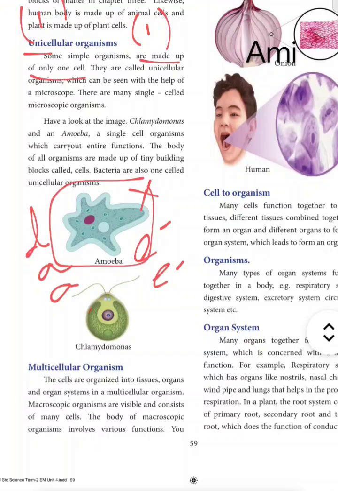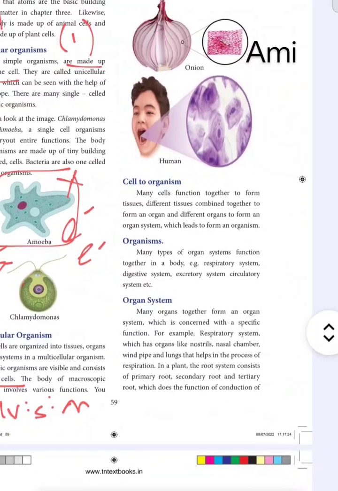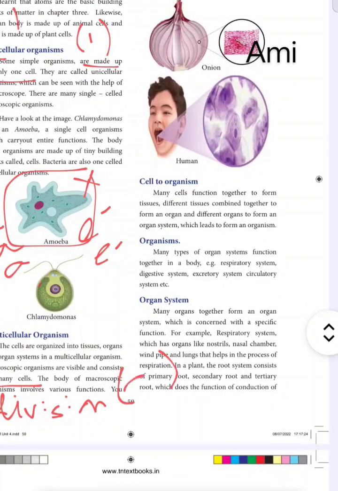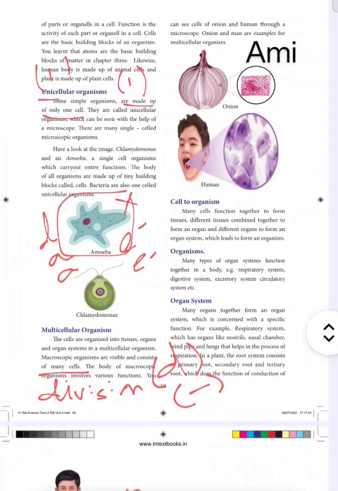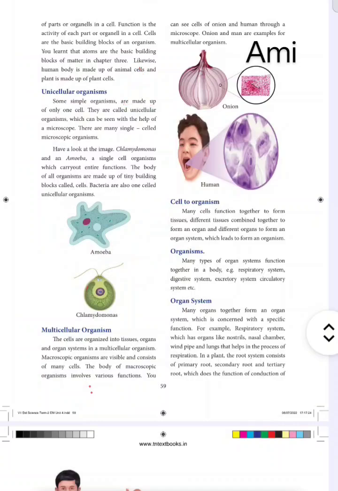Whereas in case of multicellular, there are many cells. So here there is division of labor. Division of labor is that some specified cells can perform digestion, some other can perform other activities, like that. There is a differentiation of cell structure and function in multicellular organism.